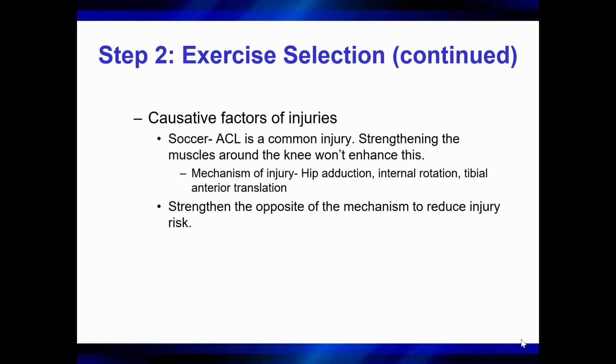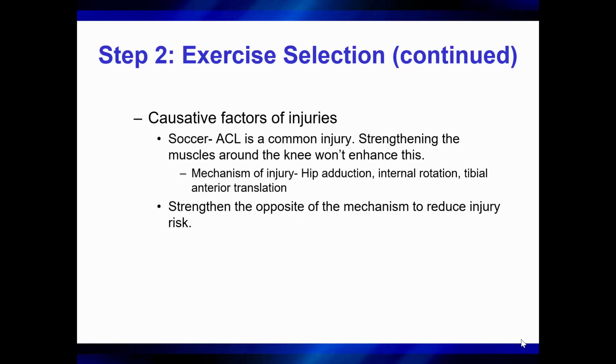And I was wrong. We kept seeing the same incidence rate. Then I was sitting in class and happened to come across a paper about the mechanisms of it. At the same time, I was in kinesiology and saw what muscles cause those actions. So I thought, hey, if we strengthen the opposite, maybe that'll help.